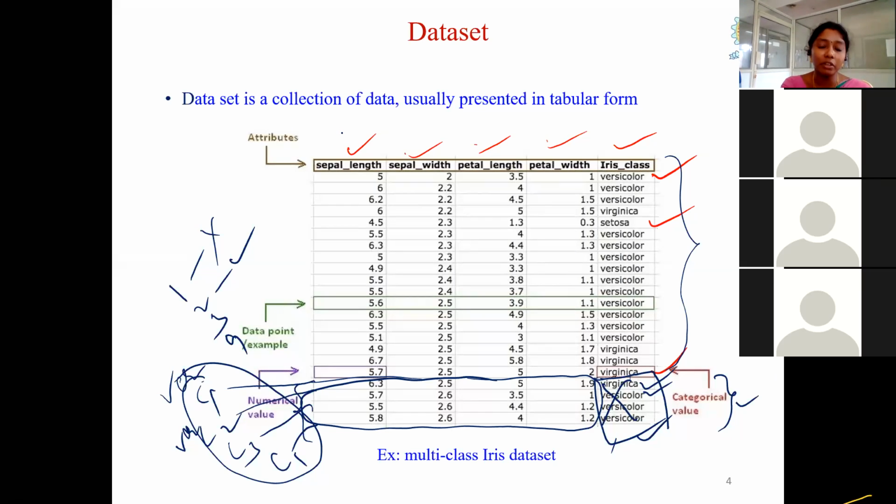Here my sepal length is 5, sepal width is 2.3, petal length is 3.3, and petal width is 1.3.